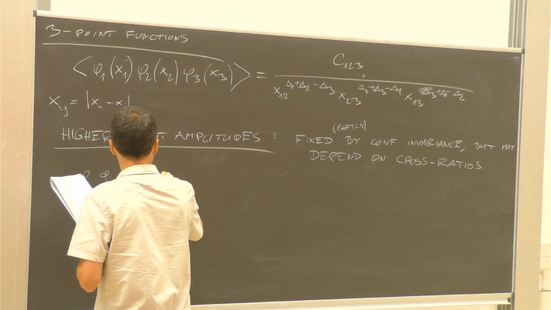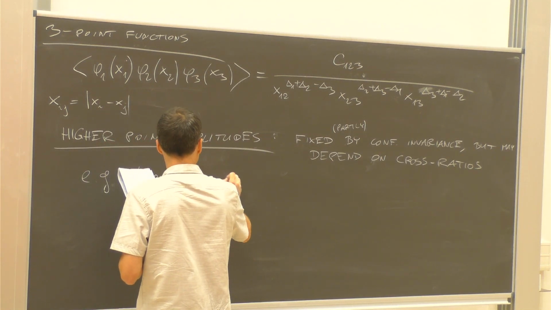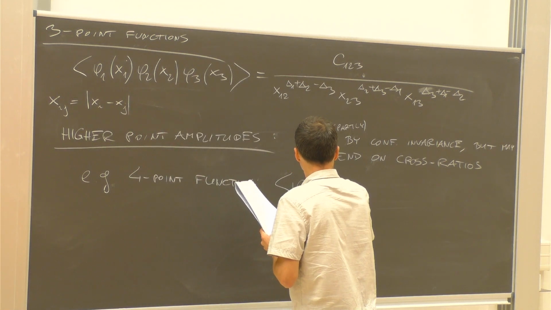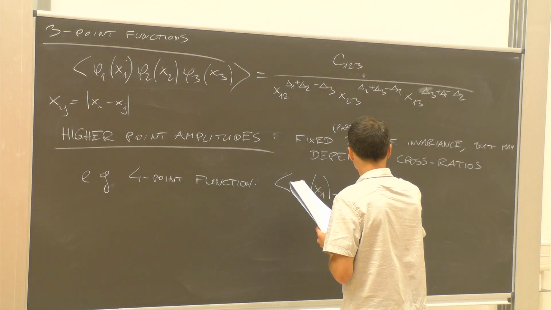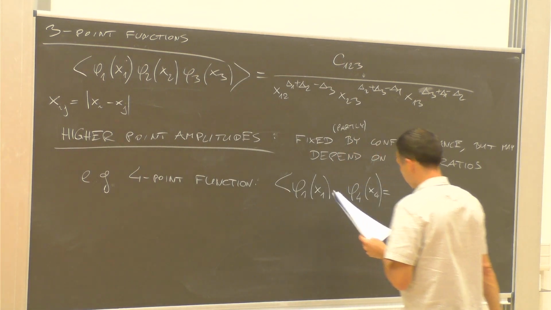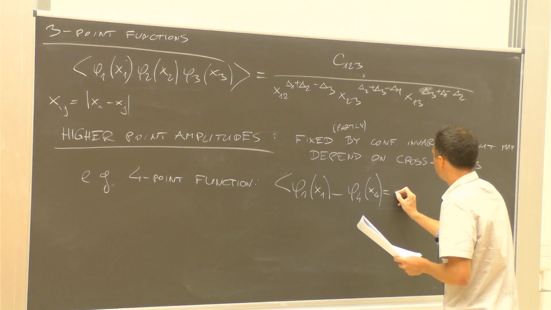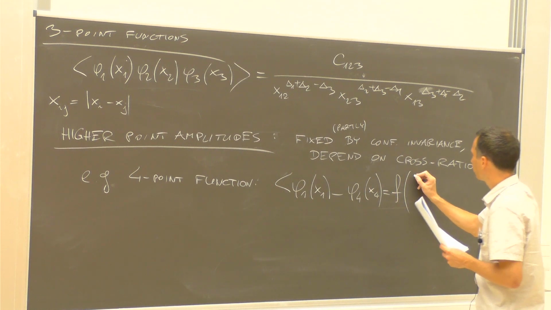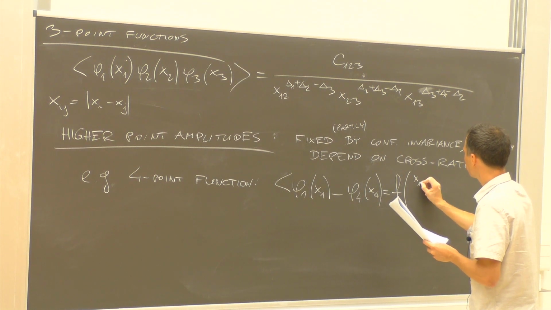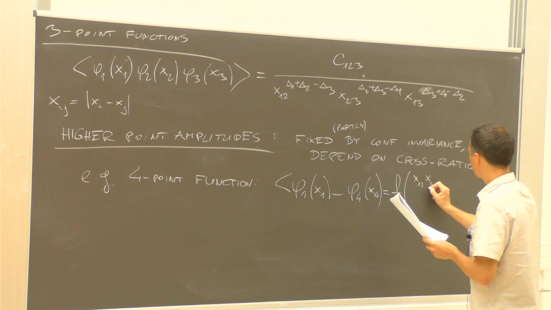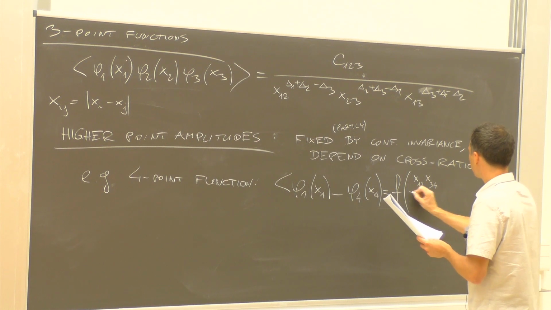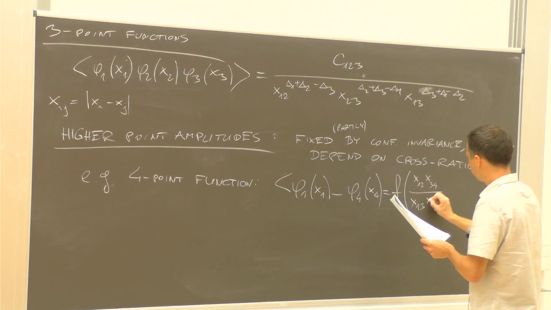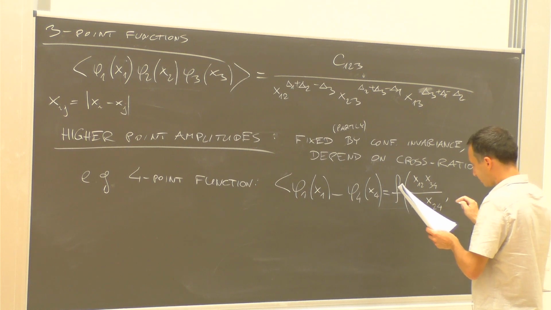So, for example, the 4-point function must have the following form. There is some prefactor which is an arbitrary function of cross ratios. And if you remember, I wrote how many independent cross ratios there are for n points. So there are 2, as I mentioned, at least for dimension higher than 2.